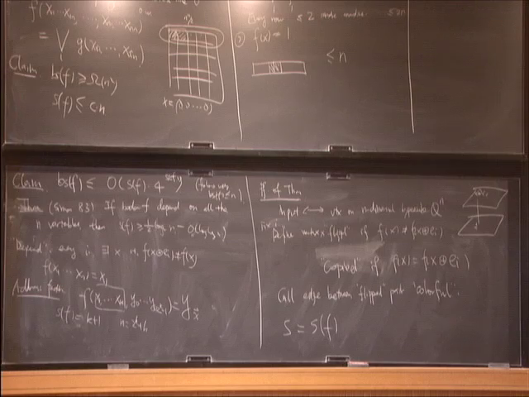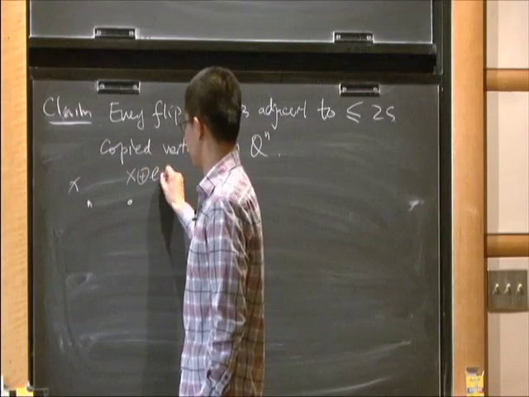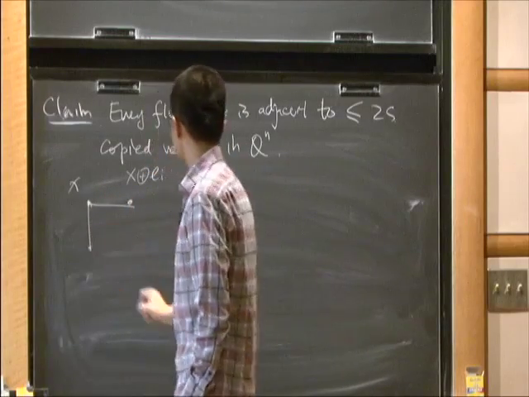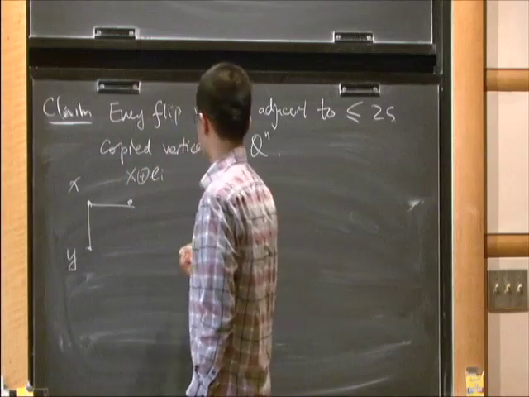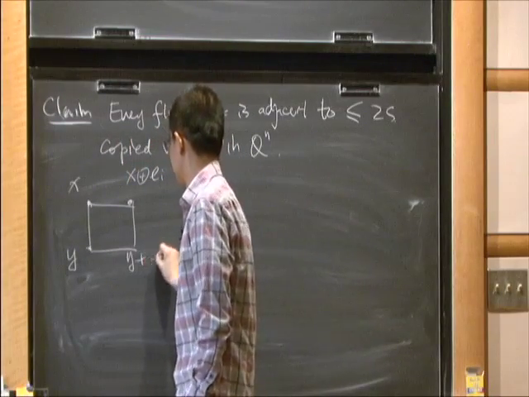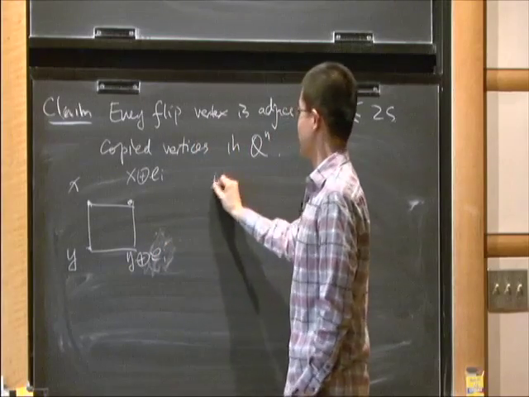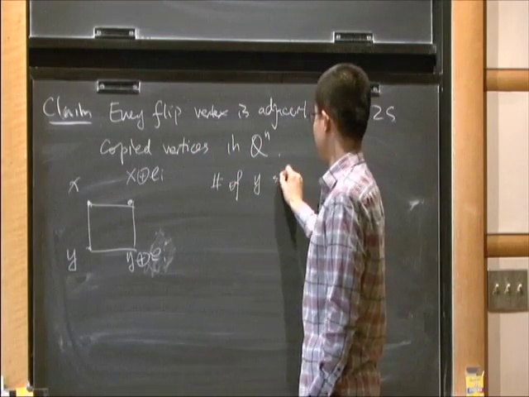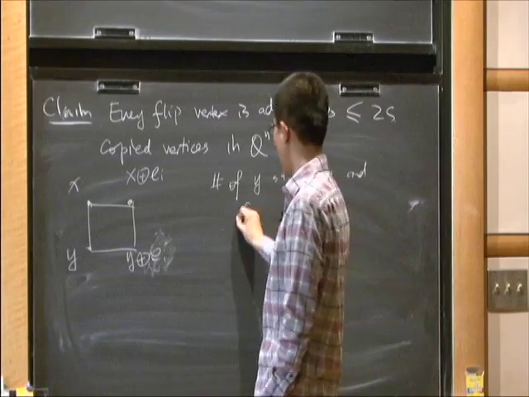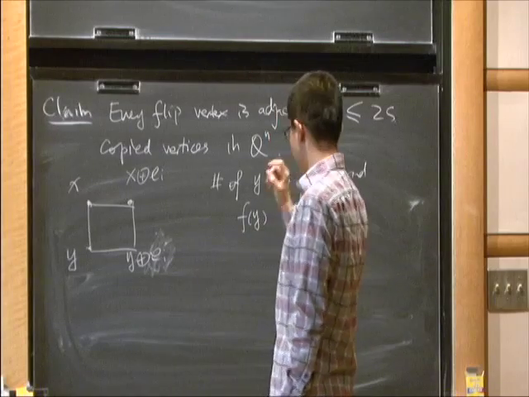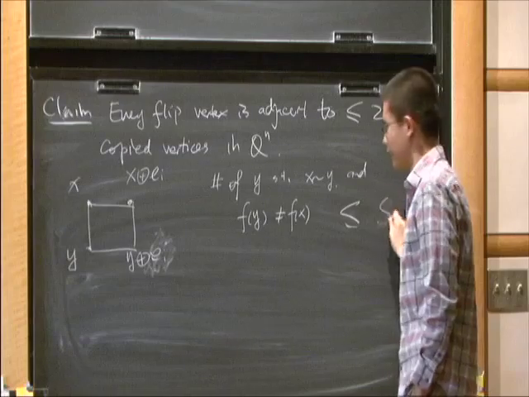Okay, so here I look at X and X plus E_I, and suppose X is adjacent to some copied vertex Y. So the number of Y such that X is adjacent to Y and F of Y is not equal to F of X is bounded by S, right?